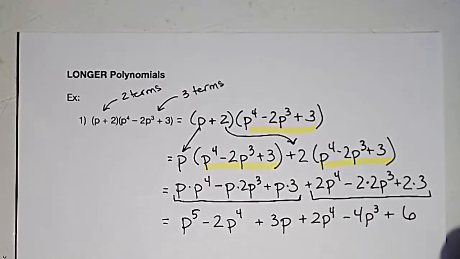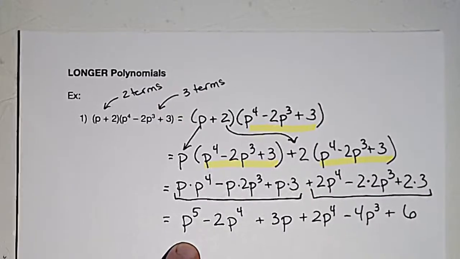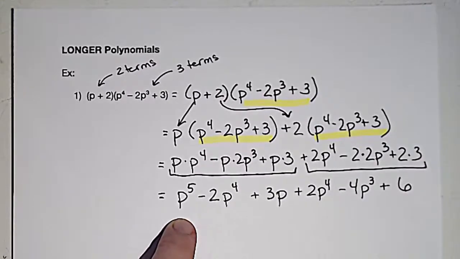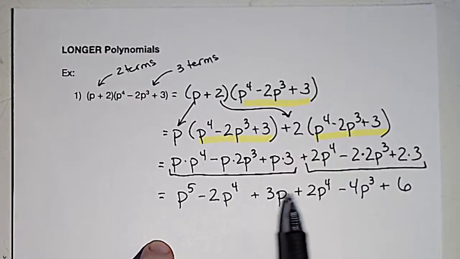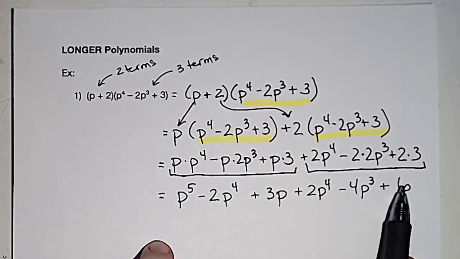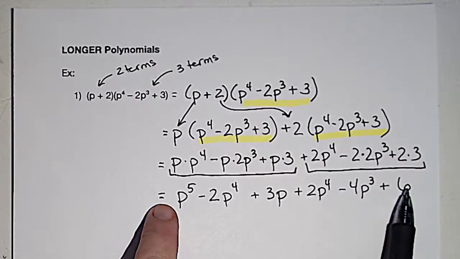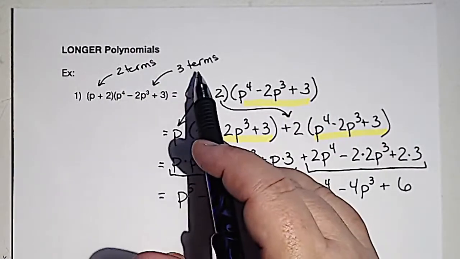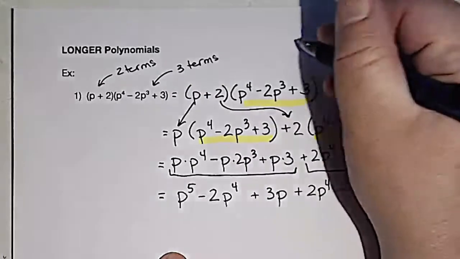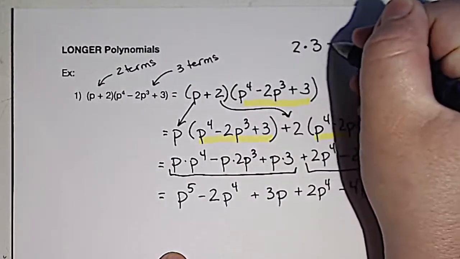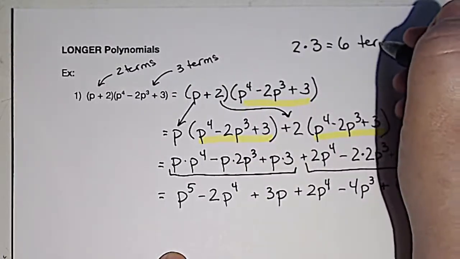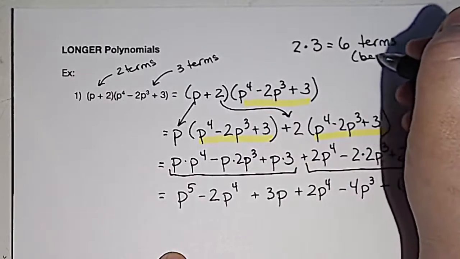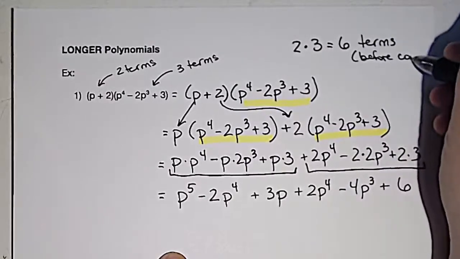Now, I want to pause here for a moment. We will be combining like terms, so some things will change. But before we do that, I want to take a look at the fact that there are 1, 2, 3, 4, 5, 6 terms. We could have anticipated that because up here we have 2 terms and we have 3 terms. 2 times 3 equals 6 terms before combining.